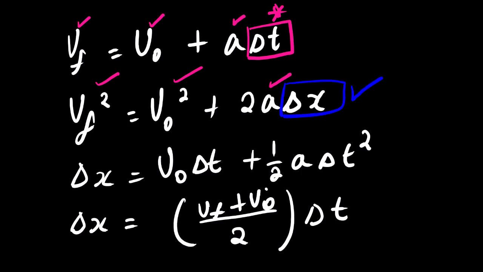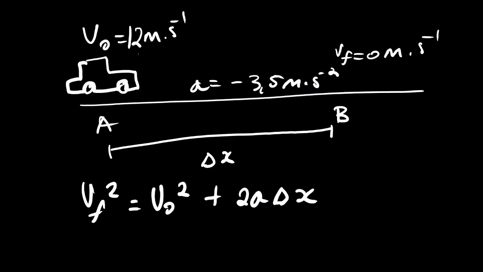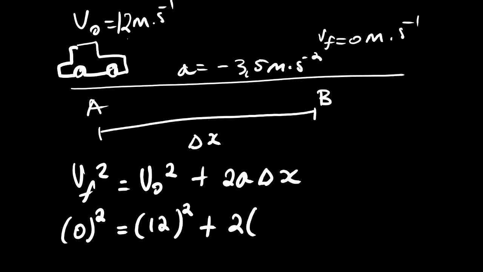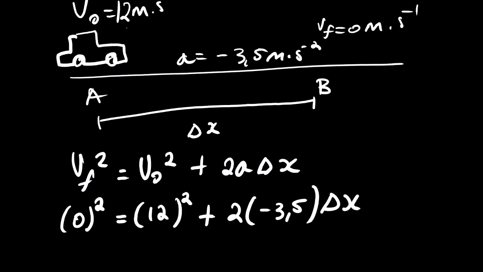So we can use this equation. From here we can simply substitute. Our final velocity is 0, equals initial velocity 12 squared plus 2 times negative 3.5 times change in x.